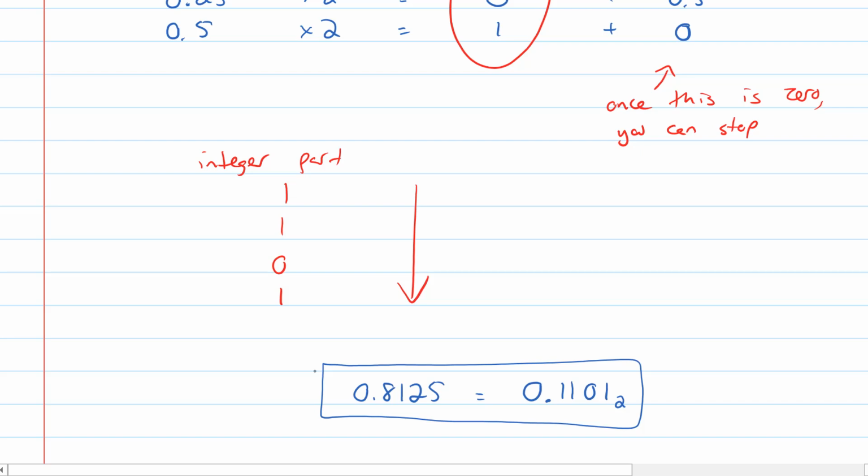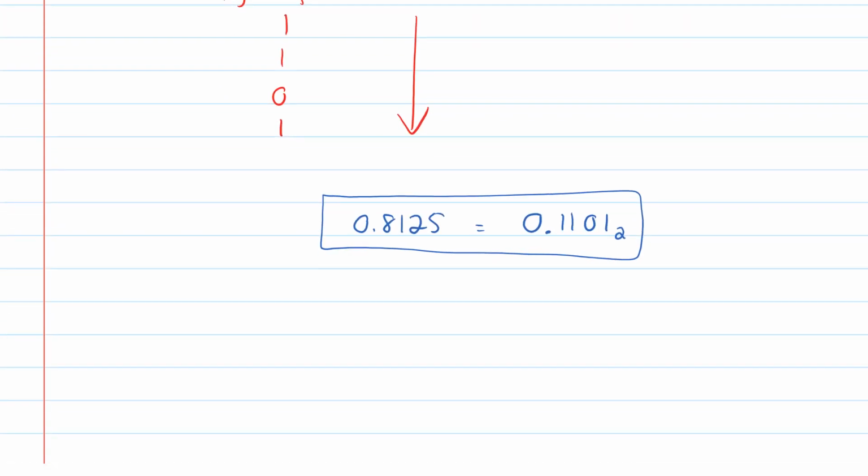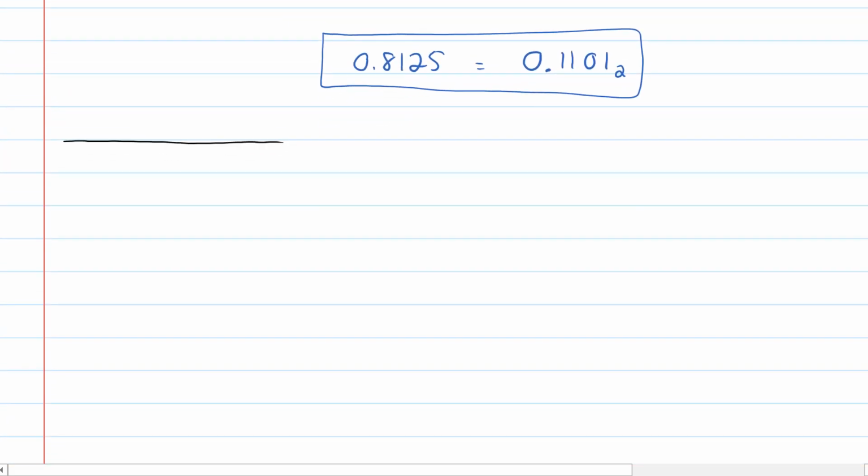And that's our method. I'm going to do another example, where we're doing the same kind of operation, but we're instead converting a decimal number to the hexadecimal number system. So as our other example, we're going to convert 0.734375 to hexadecimal.